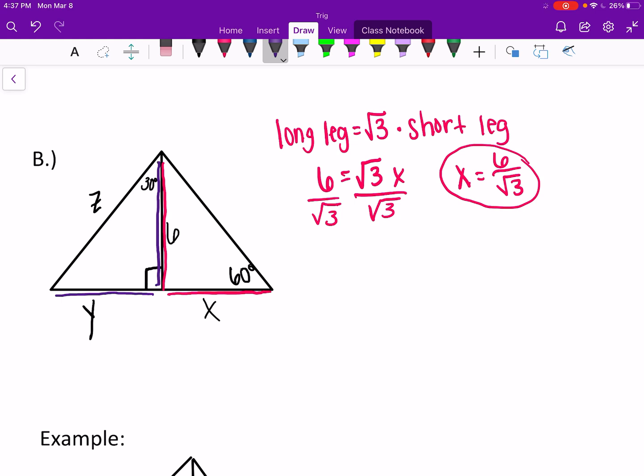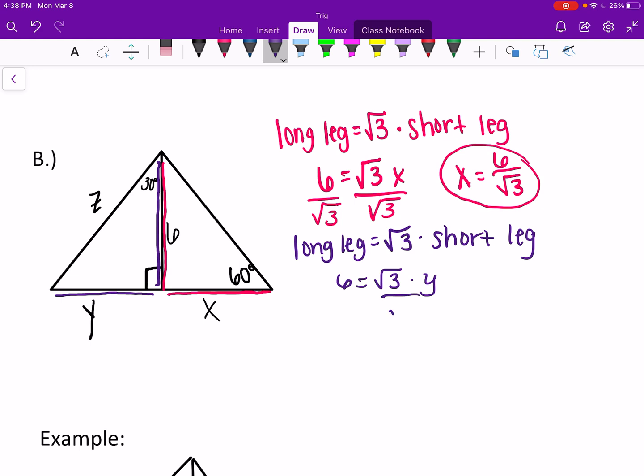So we're using the same formula. The long leg is equal to the square root of 3 times our short leg. Our long leg, again, is 6, and our short leg is y.